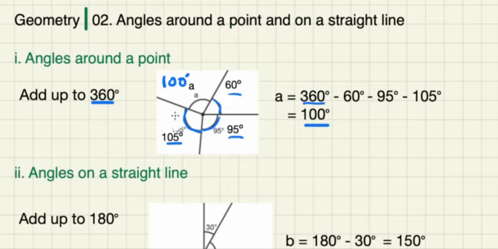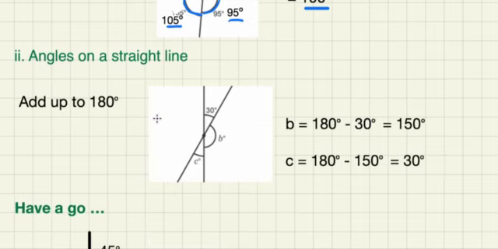So these are angles around a single point. Let's have a look at angles on a straight line. Here we have one straight line, and then another straight line going in that direction. We know the angle between these two lines because it's given here, which is 30 degrees.